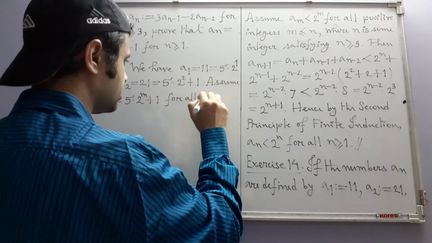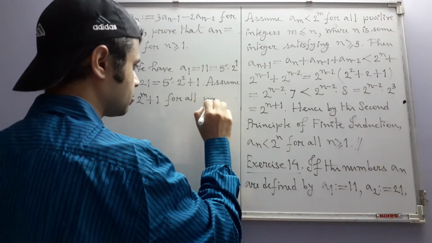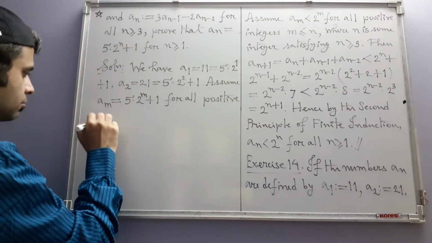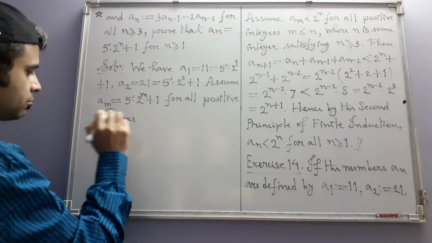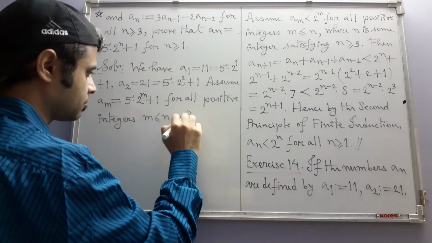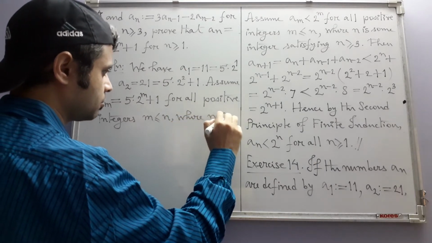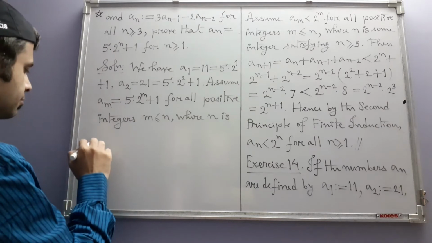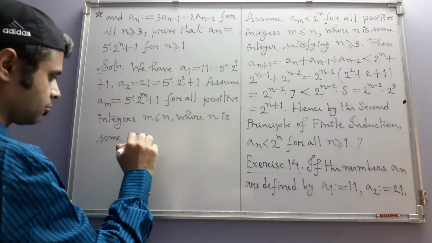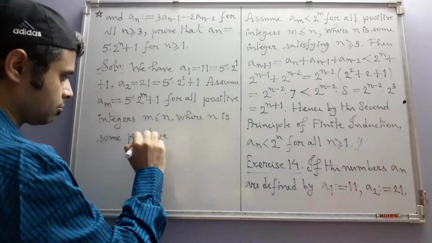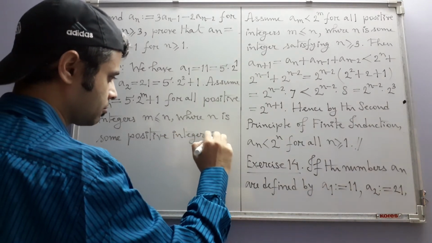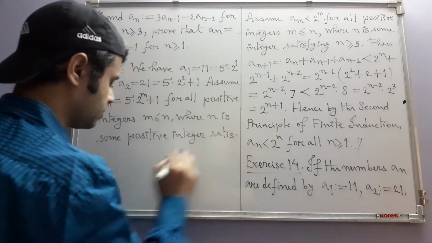For all positive integers m less than or equal to n, where n is some positive integer satisfying.